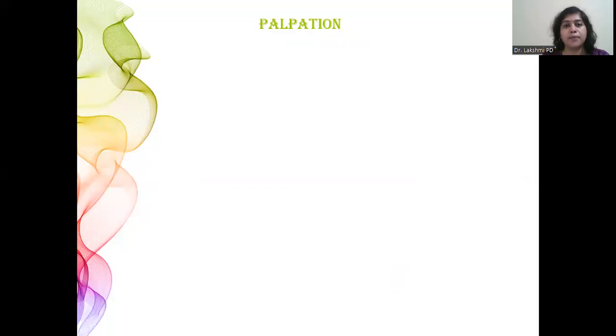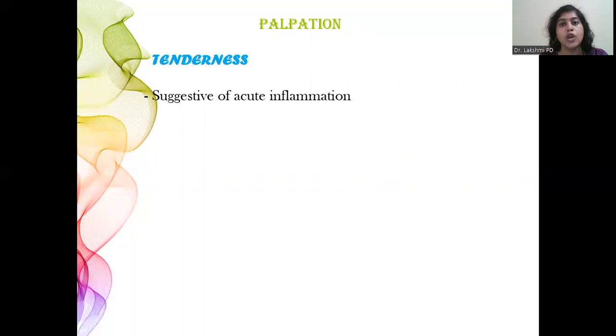So moving on to palpation, I told you the techniques of palpation of each of your group of lymph nodes. Now, what are the points? The first thing that you're supposed to be checking is tenderness, whether it is painful for the patient when you are palpating it or not. That's why I keep telling you to avoid a false positive.